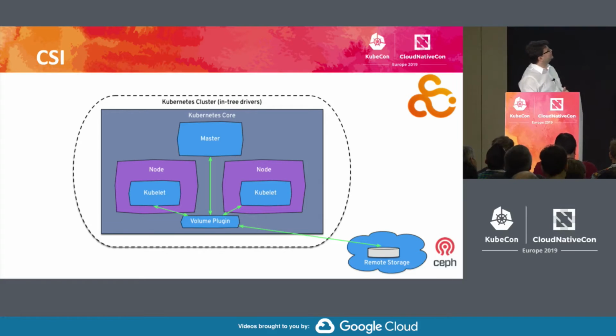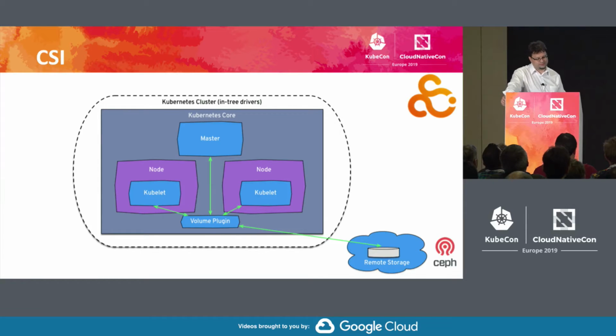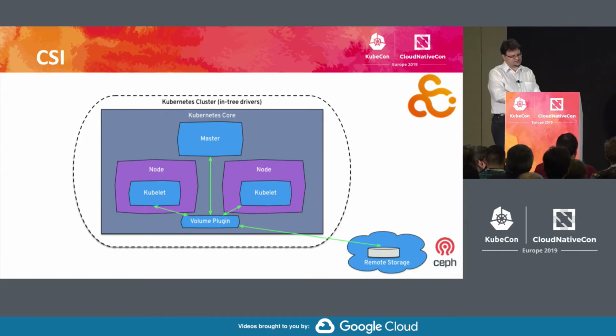So looking at a slightly higher level, the first set of Kubernetes volume drivers were so-called in-tree drivers, maintained as part of the Kubernetes code base itself. And here is how the in-tree drivers connect to remote storage. This approach enabled more rapid development of Kubernetes itself, as it did not require a consistent storage API to be developed.